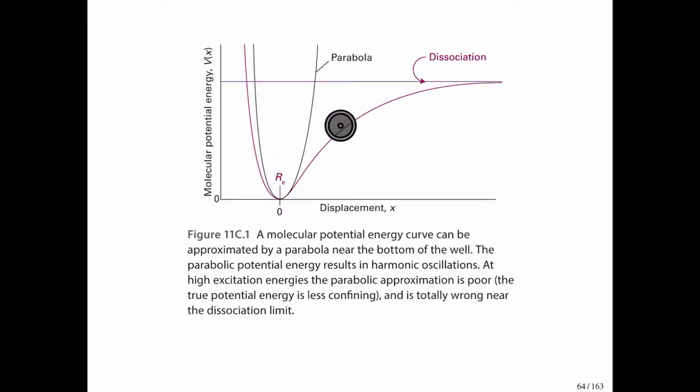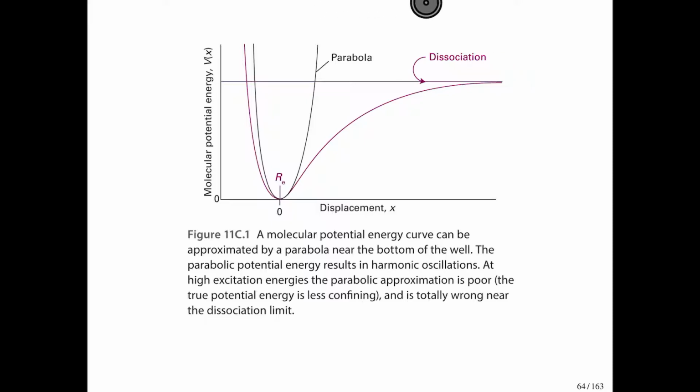So as you stretch the diatom very far apart, eventually the potential energy goes to 0, or whatever dissociation constant you're calling this, and you have the possibility of breaking the molecule, that is, breaking the bond. Whereas for the harmonic oscillator, it just keeps going up and up and up, and you can never break the harmonic oscillator bond.